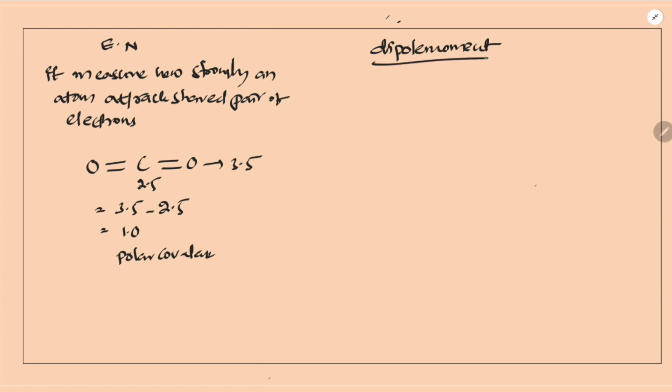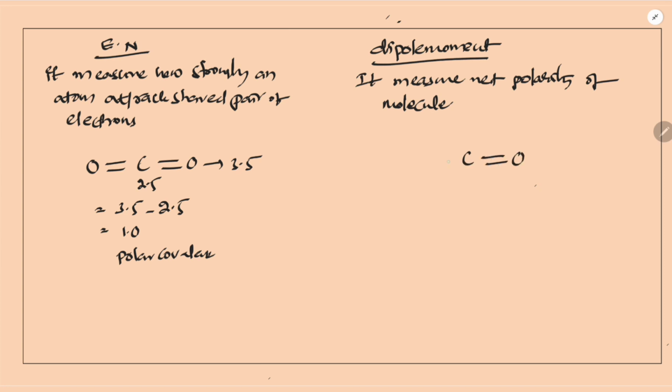Now dipole moment. Dipole moment measures the net polarity of a molecule. Let's take the example of CO2. Now one oxygen exerts a 5 Newton force on the shared pair of electrons in this direction.